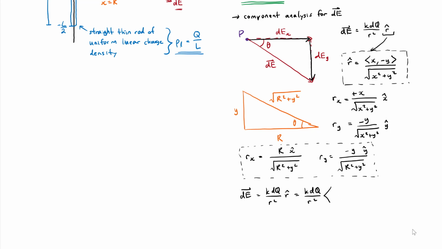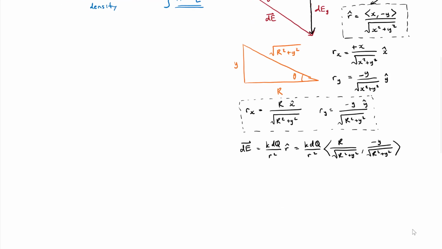So we want r over the square root of r squared plus y squared, and negative y over the square root of r squared plus y squared. In other words, what we can do is simplify this even further.